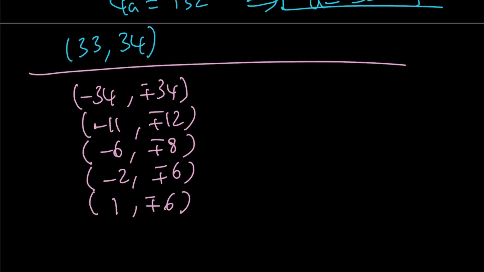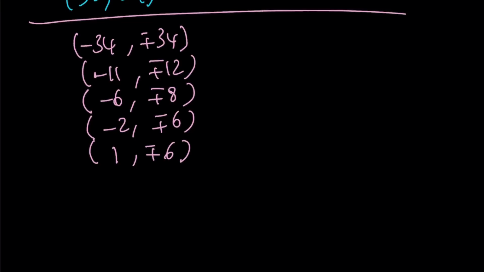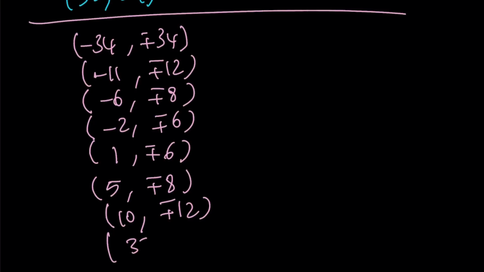By the way, for the same b value, you find different a values because the left-hand side is a quadratic. So that's kind of cool too. I find it cool. 5, plus minus 8. Again, that kind of repeats the b value. 10, comma, plus minus 12. And 33, comma, plus minus 34. As you can see, you can pair these up with the same b values, but that's basically what it is.